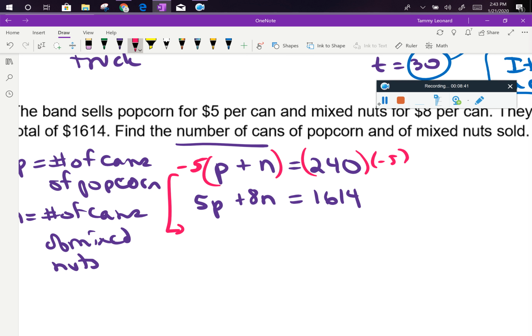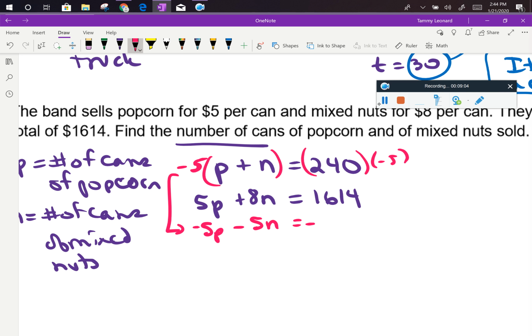So I'm going to rewrite that equation underneath. Negative 5P minus 5N equals, all right, let's look at this. I know I'm going to get a negative number. So 5 times 200 would be 1,000, and 5 times 40 would be 200. So that looks like 2,000.